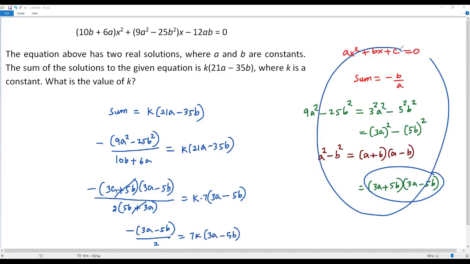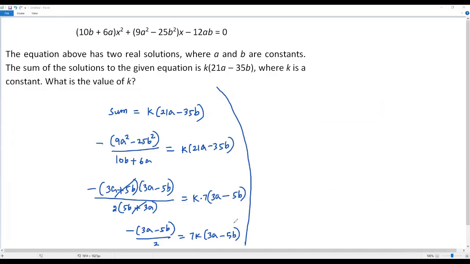Okay, now let me erase this stuff and continue the problem. Let me take this equation as it is: −(3a − 5b)/2 = 7k(3a − 5b). According to the question, we have to find the value of k. To get the value of k, we have to get rid of this 7 and also this (3a − 5b).